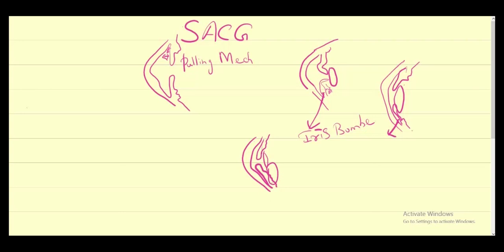So if there is a cyst in this area, it will tend to push the iris without pupillary block. So that is a pushing mechanism.